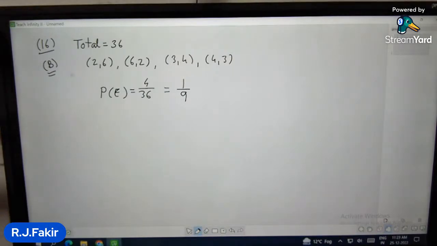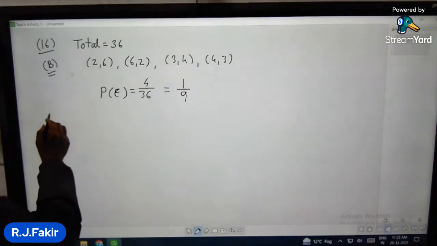Also a question on trigonometry, like question number 18 in sample paper 3.